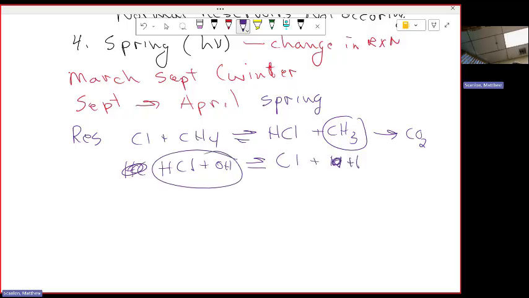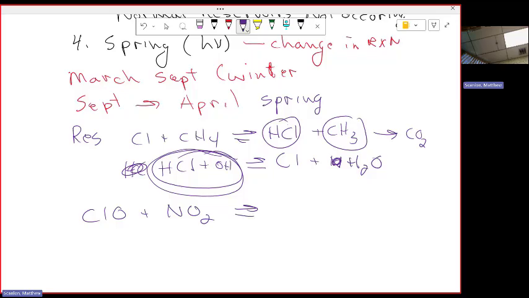So we have this reservoir of HCl forming in normal conditions. The other reservoir is ClO, and it reacts with NO2 to form ClONO2, which acts as a reservoir containing the chlorine. Remember, chlorine is the implicated species.